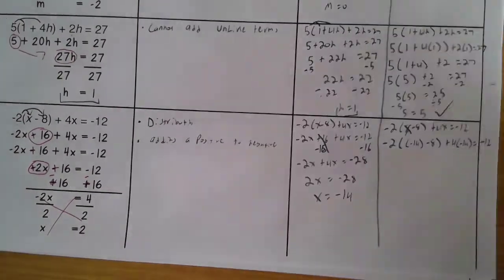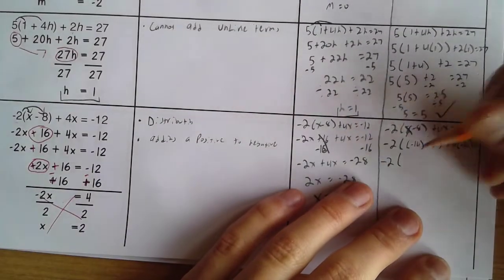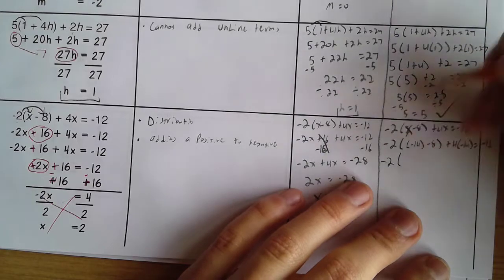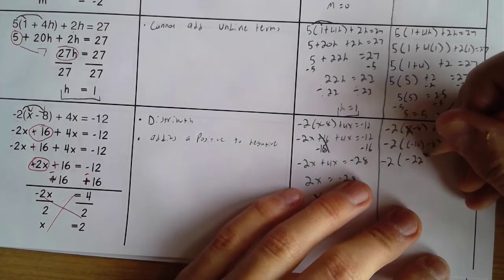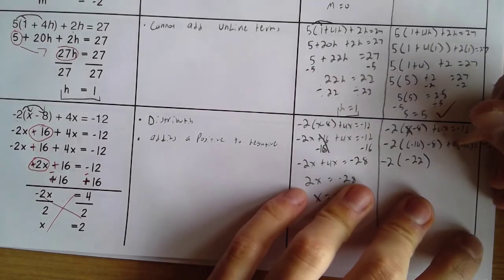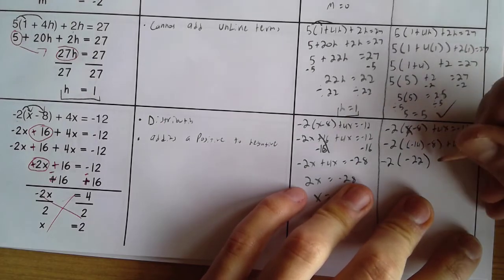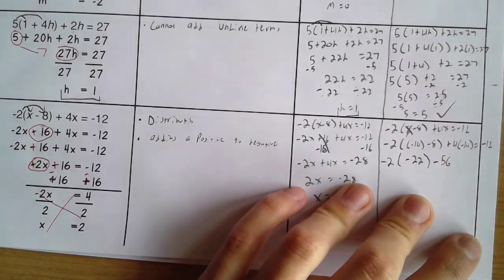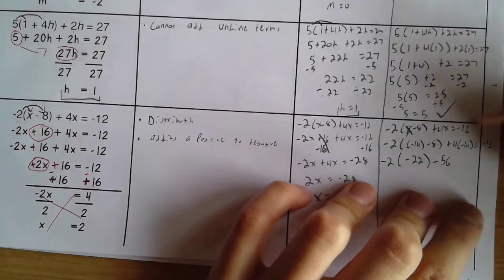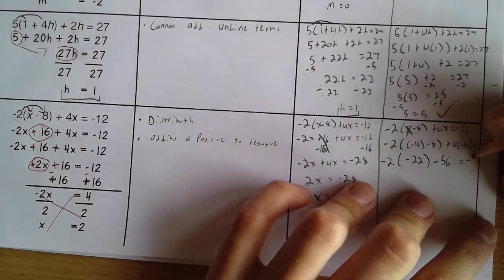So let's keep going through. We have a negative 2, and that is going to be times a negative 14 minus 8, which is going to be a negative 22. And then we have a 4 times a negative 14, which is going to be a negative 56. So now that is all going to equal negative 12.